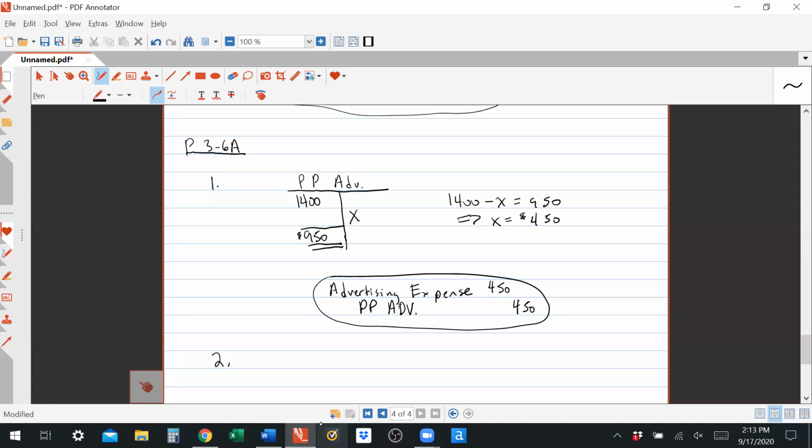No, this would be an example of a deferral. We already paid the prepaid advertising in advance. We debited prepaid advertising $1,400 and credited cash $1,400. We paid the television station. Cash came first. Then later, when a month goes by and our commercial has been on TV, we've derived the benefit from that.